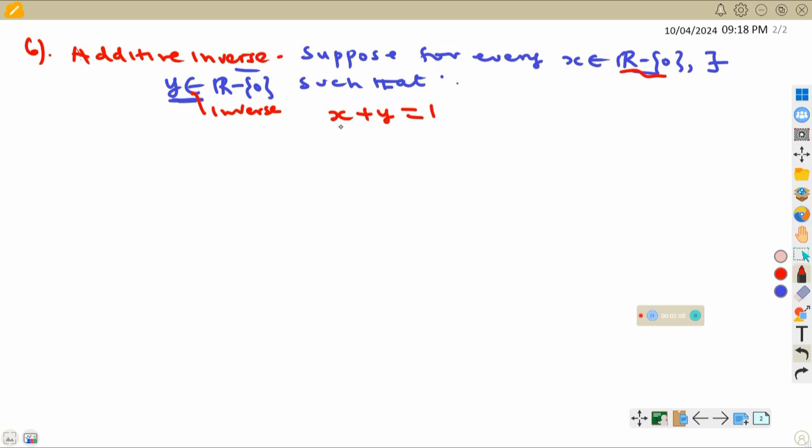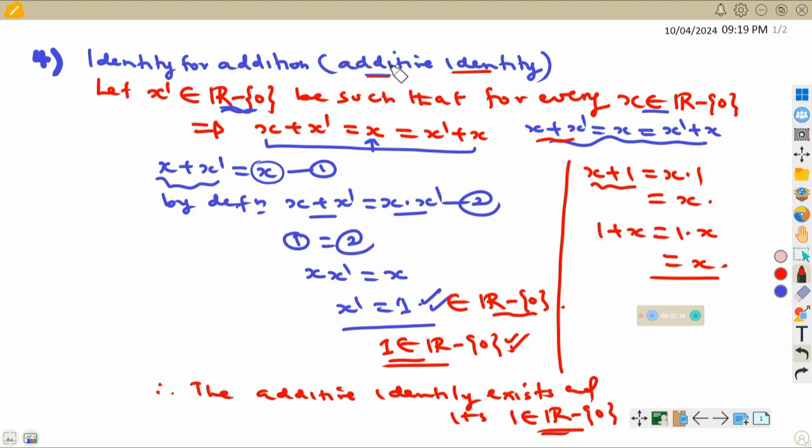In other words, when you get any element from this set and add the inverse, you should get the identity. So this is what we are calling an inverse. We are interested in knowing what is the inverse of each element within this given set. Then when we talk about the additive identity, we want to know what is the additive identity for each element in this given set, if it exists.